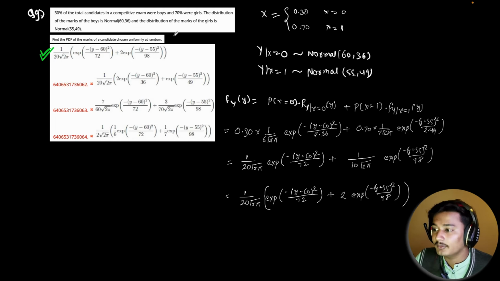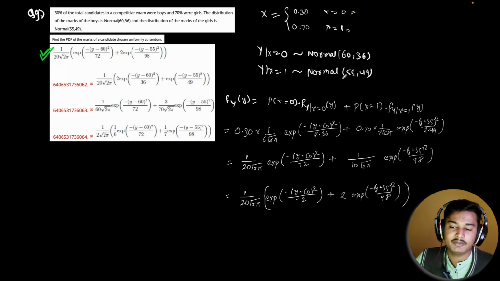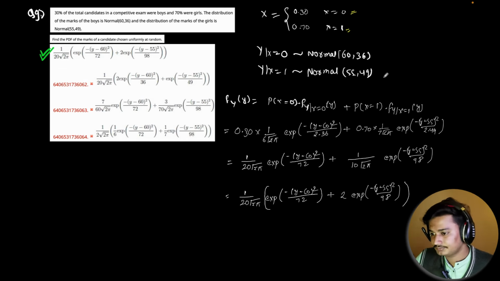So we have to find basically y. If we are taking the distribution as y, then x is basically 0 if it is a boy, and 1 if it is a girl, and the probabilities are 0.30 and 0.70, right? Now y given x equals 0 is normal 60, 36, and y given x equals 1 is normal 55, 49, right?